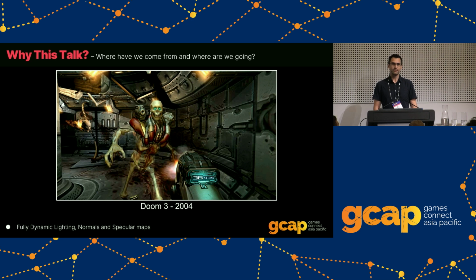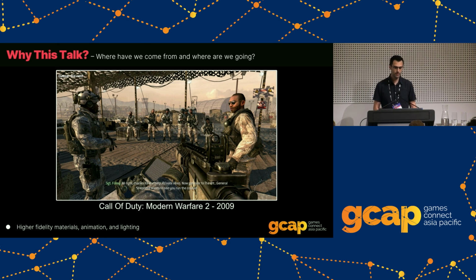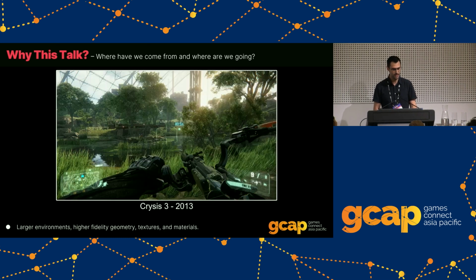And then 2004 was Doom 3, fully dynamic lighting, normal maps, specular maps. Then COD 2009. Then 2013, we had Crysis 3, which we even know now, if anyone watches Digital Foundry, it's the new version of "but can it run Crysis," right? Because it still brings things to its knees sometimes.